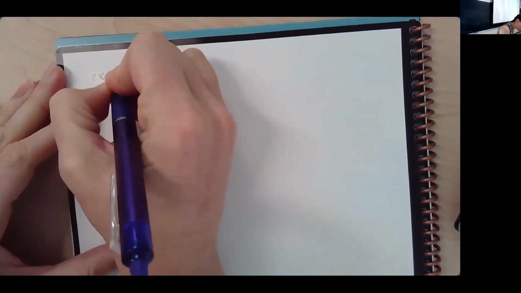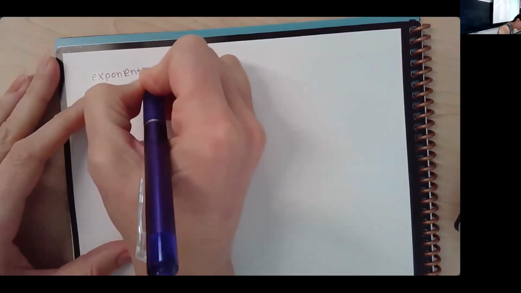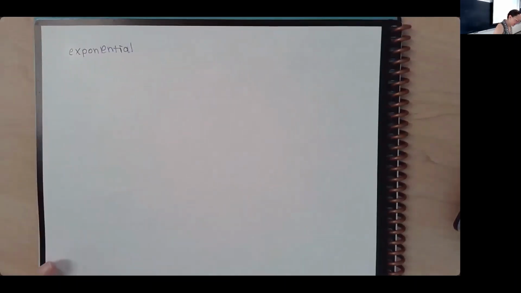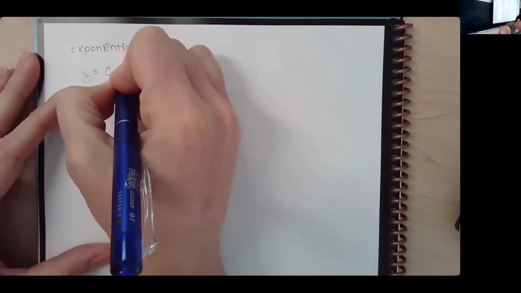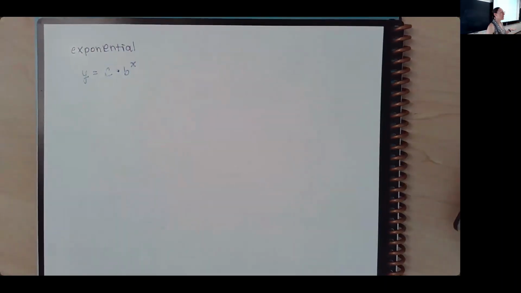So if I start with an exponential function, something like y equals c times b raised to the x, and I take the natural log of both sides, and I'm just going to stick with natural log. It works with any base. You can do this as base 10.